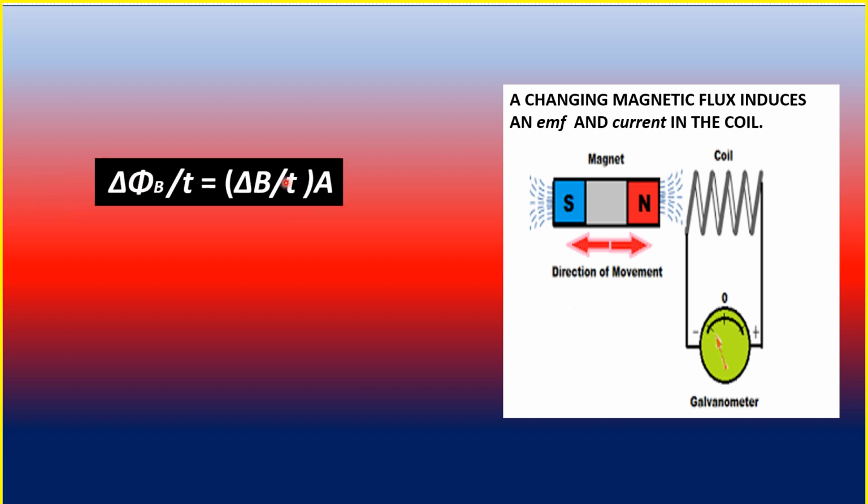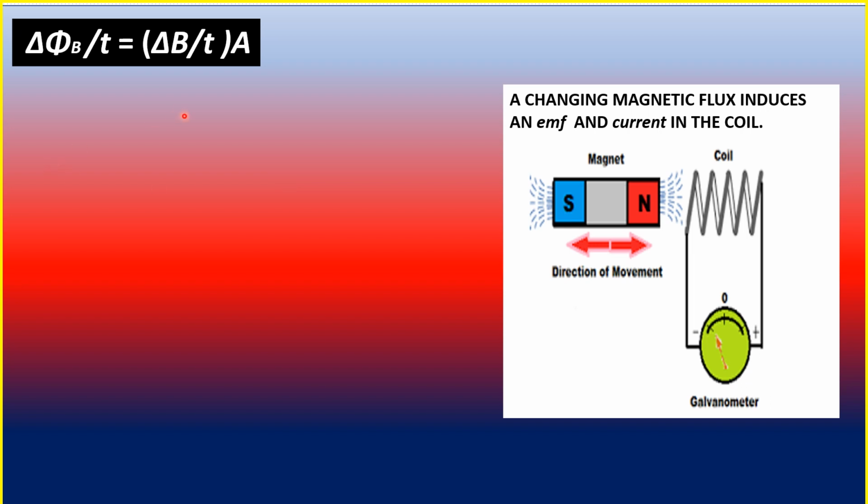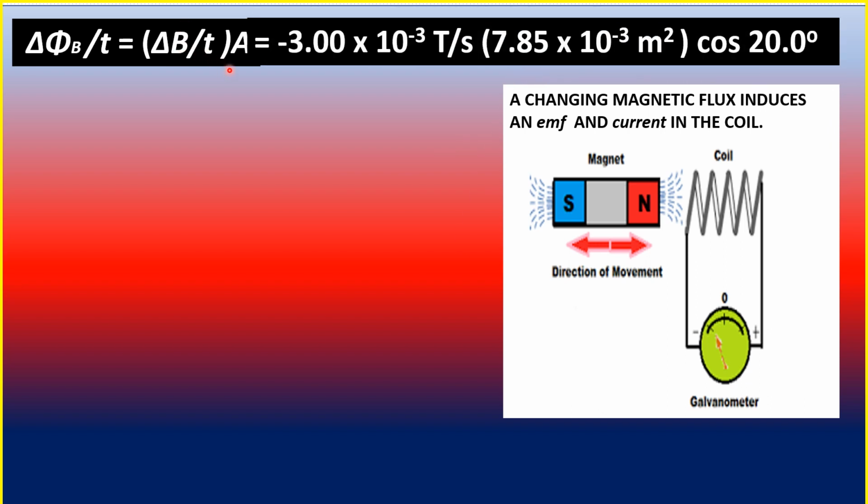Alright, so moving on with our calculation, we have here the rate of change in the magnetic flux. Delta big phi divided by the time t can also be expressed as delta B over the time t to be multiplied by the area vector A. We are given in the problem the rate of change in the magnetic field, which is negative 3.00 times 10 to the negative 3 Tesla per second.